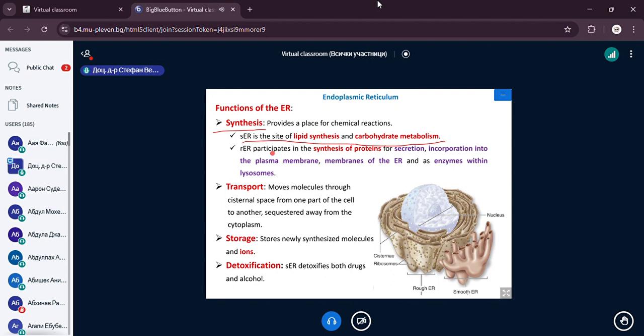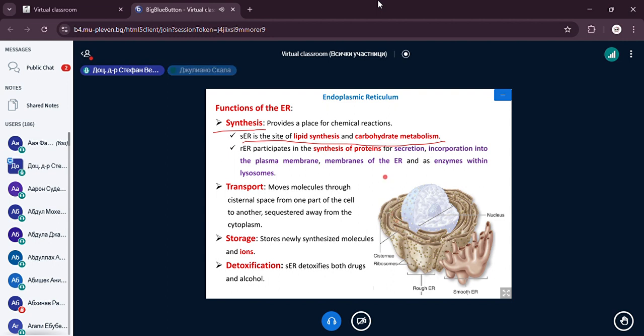Rough endoplasmic reticulum, because of the presence of these ribosomes on its surface, is related to protein synthesis. Proteins are synthesized in ribosomes, but immediately after the translation process, these newly synthesized proteins go inside the cisterns of the rough endoplasmic reticulum, where they undergo the process of so-called post-translational modification.